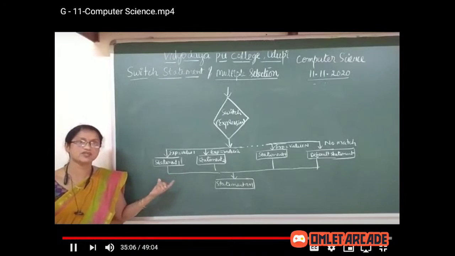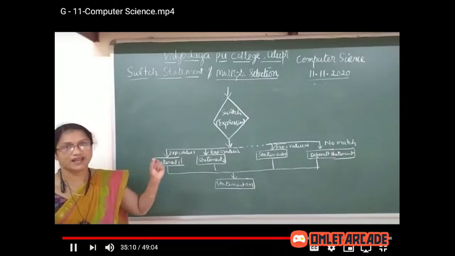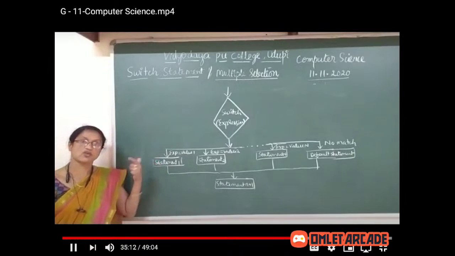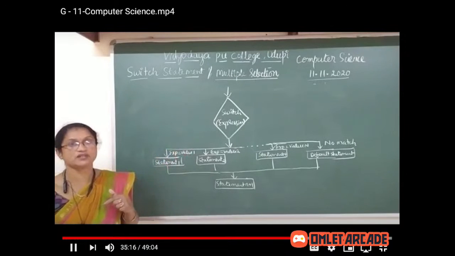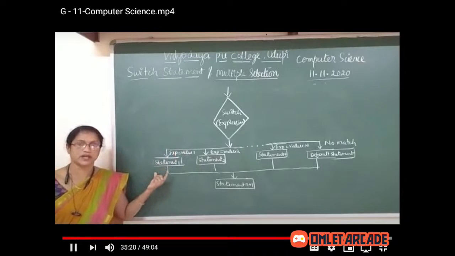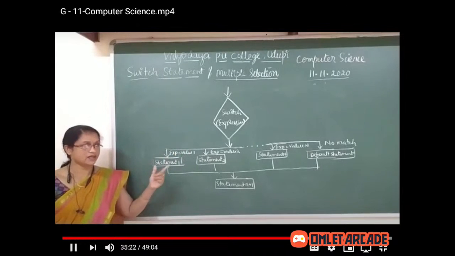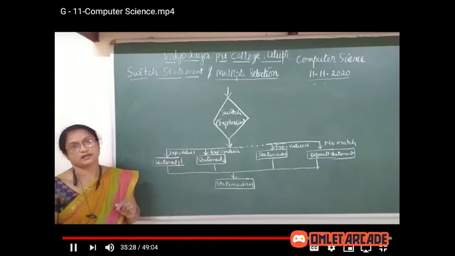So in such cases we use the switch statement. The switch statement checks the value of the expression or variable against the list of values. When a match is found, the corresponding block of statements is executed. When there is no match, the default statement is executed. So this is the flow chart.